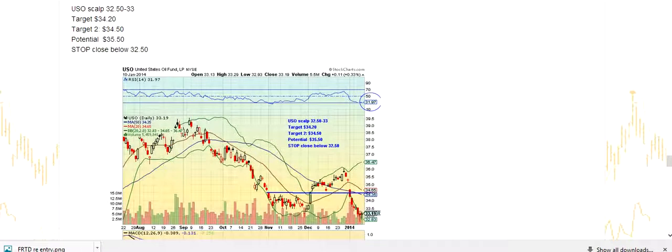We were entering the stock at $32.50 to $33. That would have been our trigger, and our target was met at $34. It hit a high of $37, and it hit our target 2 as well. So that would have been a big profitable trade.